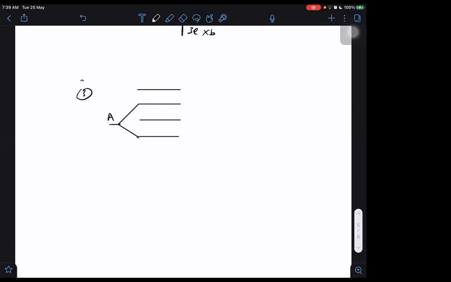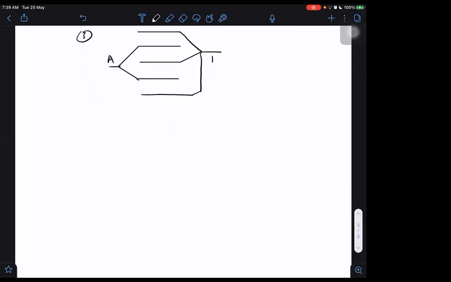A point, A terminal. Next we have this is B.